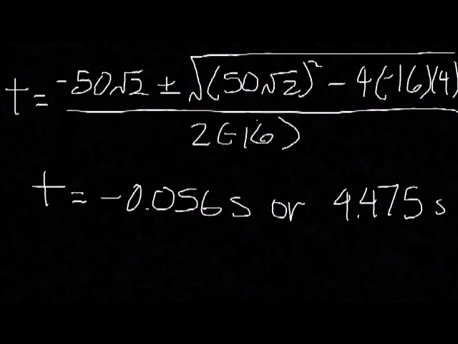The reason we get a negative extraneous answer is that our initial time 0 starts at the height of 4. If we followed the parabola backwards, y would equal 0 again a little bit before the time we started, but we don't need that and it's extraneous. So the time it takes to reach maximum distance, and the time the ball stays in the air, is 4.475 seconds.